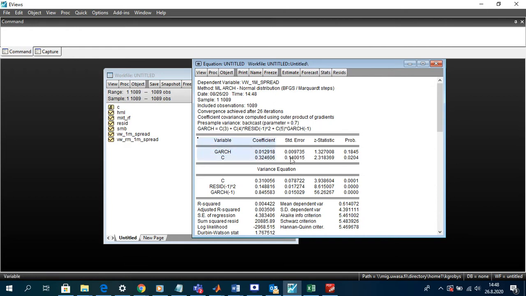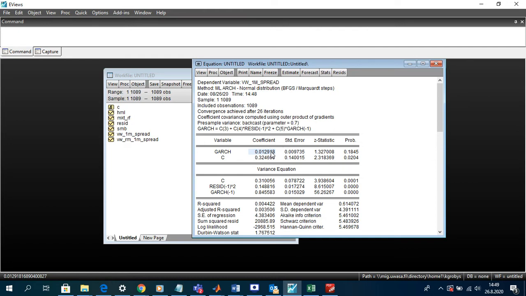These are the parameters for the mean equation. The gamma is estimated at 0.01 rounded, and the p-value is 0.18. So on a 5% level, we would not reject the null hypothesis; this parameter is statistically not different from 0.